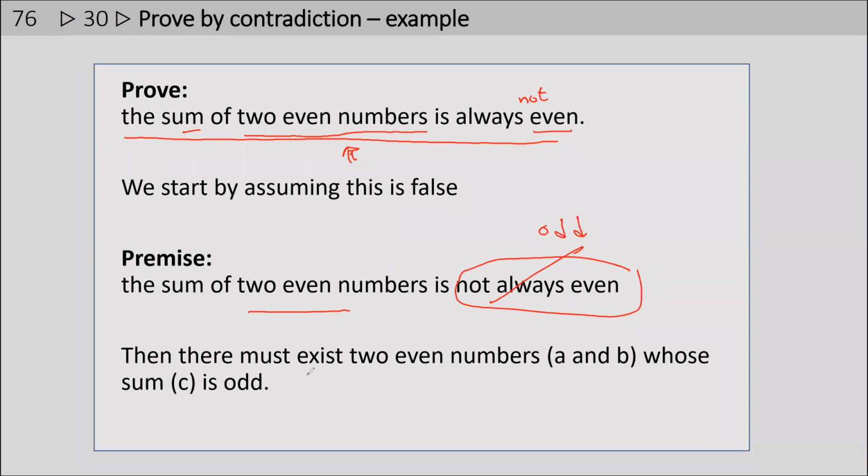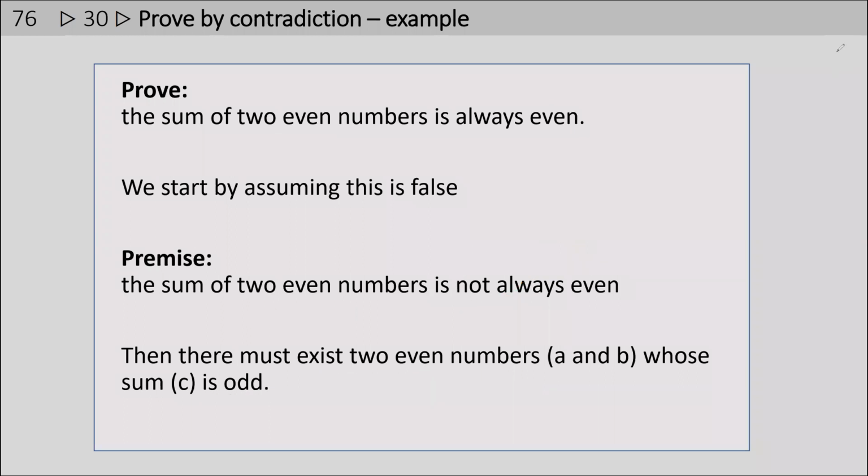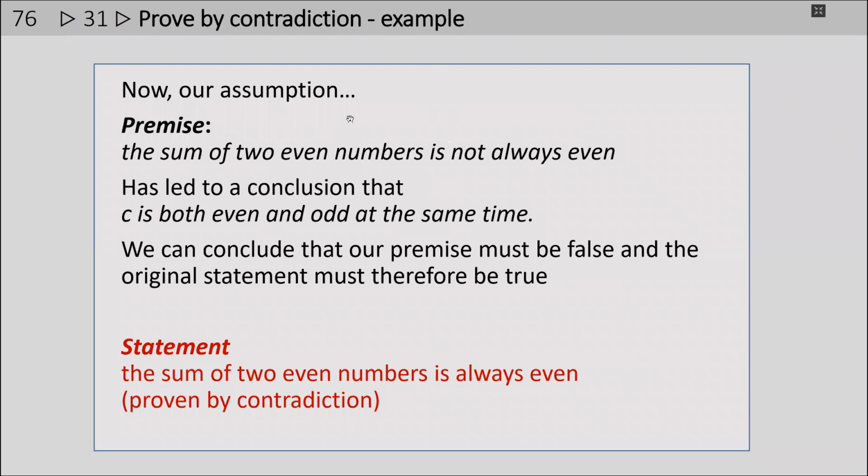So there must exist two even numbers. When you add them together it gives an odd number. ده بقى الفرضية اللي انت هتفترض انها صحيحة. We use this assumption in your proof in order to say that it cannot be the case. There is something that contradicts what I already assumed, which means ان الاسامبشن كان غلط، يعني عكسه هو اللي صح، اللي هو اللي انا عاوز اثبته اصلا.